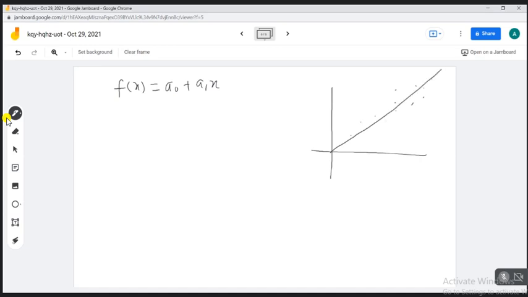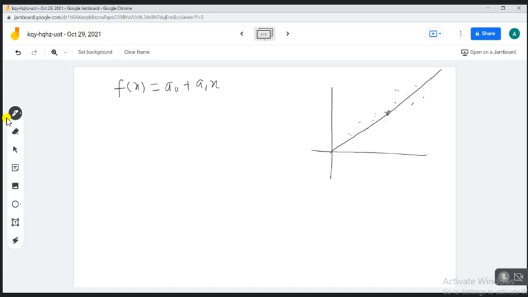It can be seen that this straight line passes through a point which is the centroid, or you can say the center of gravity, of all those scattered data points.